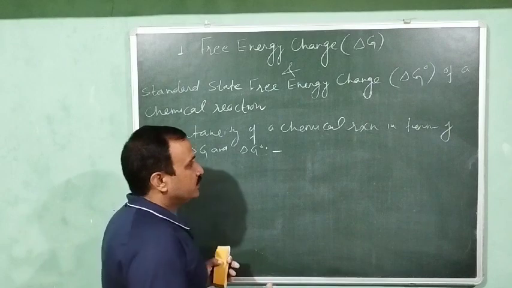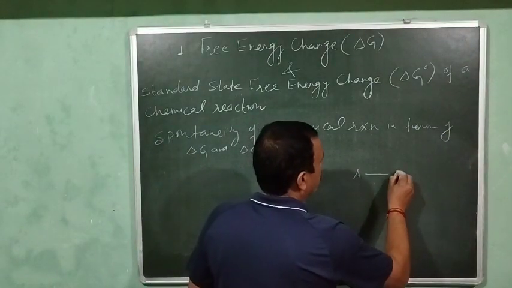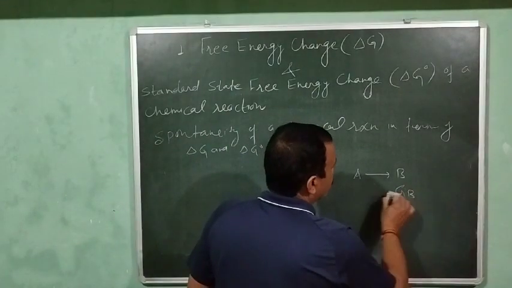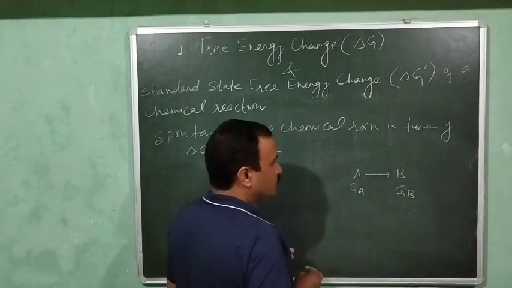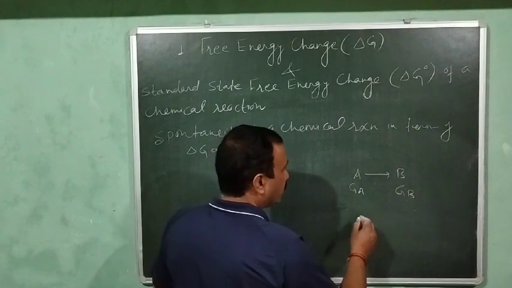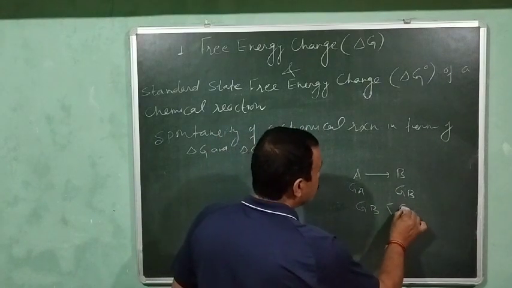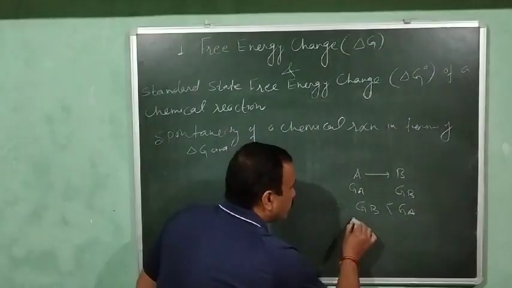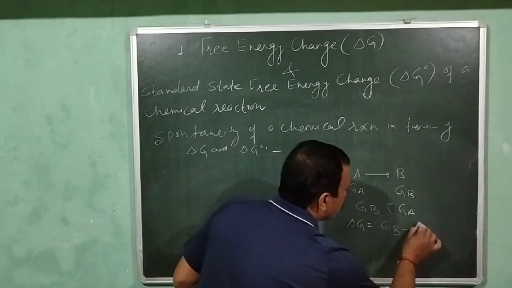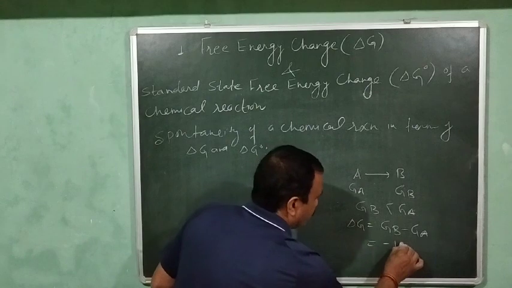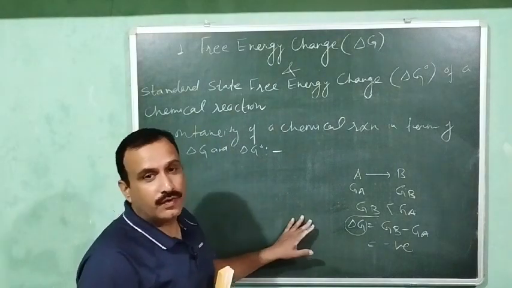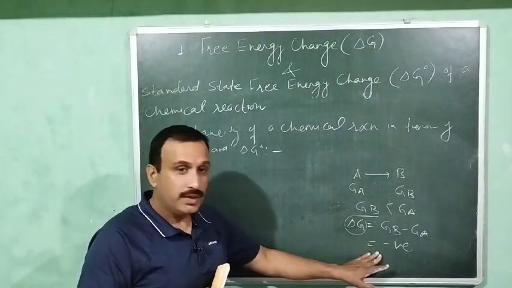Let us explain it with this general reaction, A changing into B. Let us suppose that Gb is the free energy of B and Ga is the free energy of A. Then this reaction will be spontaneous if Gb is less than Ga. Then delta G, which is equal to Gb minus Ga, is negative. So for a spontaneous reaction, this delta G should be negative.